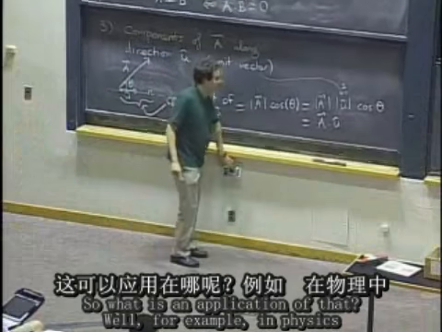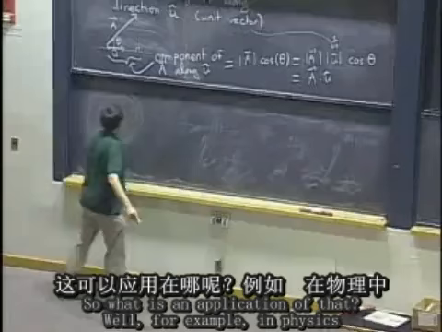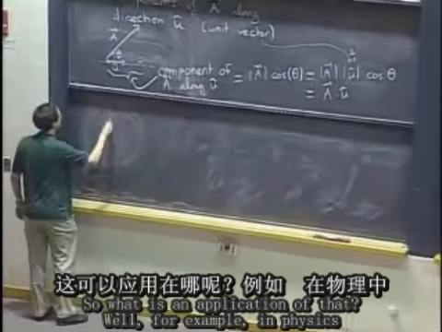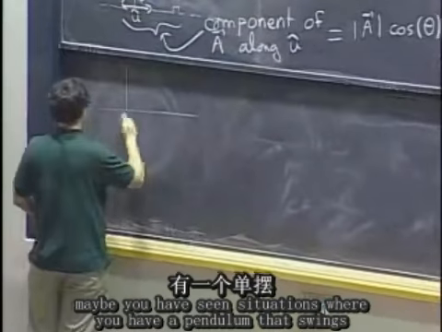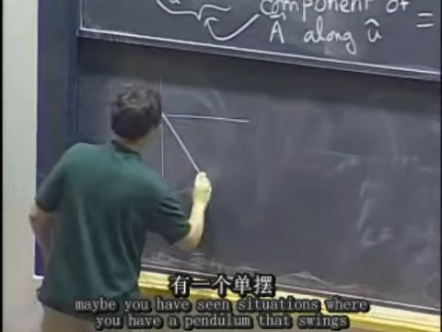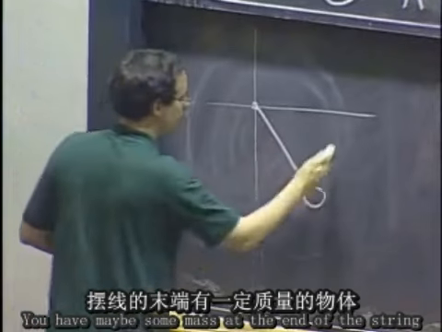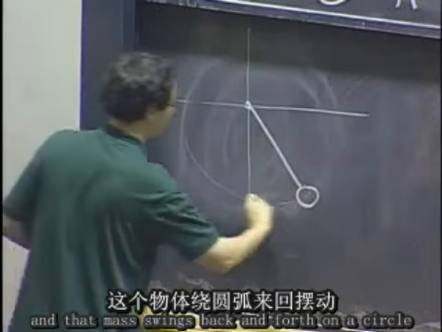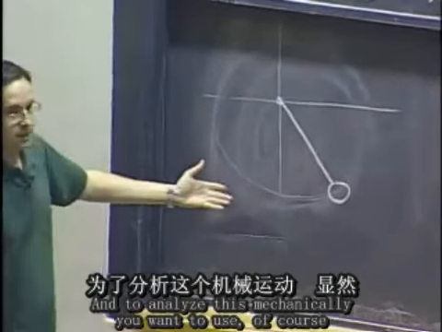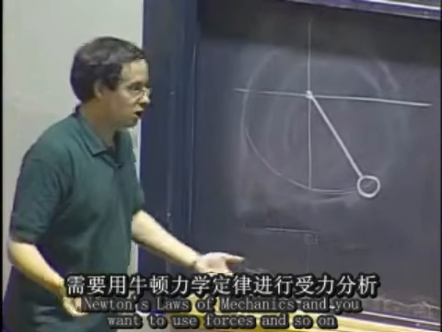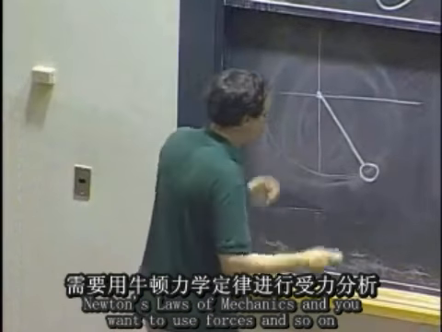Okay, so what's an application of that? For example, in physics, maybe you have seen situations where you have a pendulum that swings, so you have some mass at the end of a string, and that mass swings back and forth on a circle. To analyze this mechanically, you want to use Newton's laws of mechanics, forces and so on.